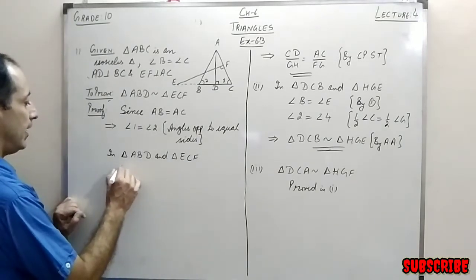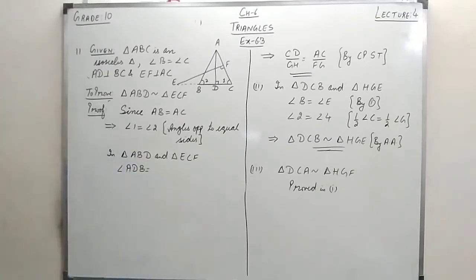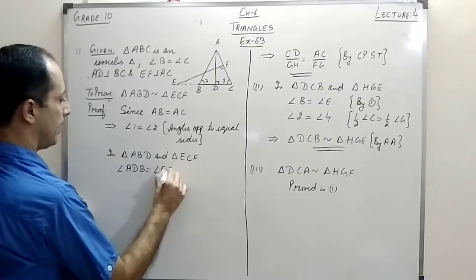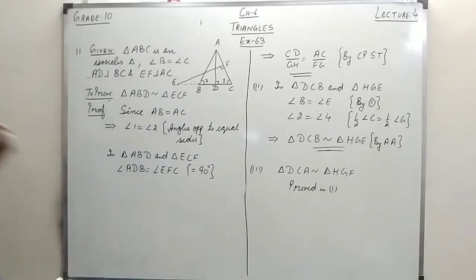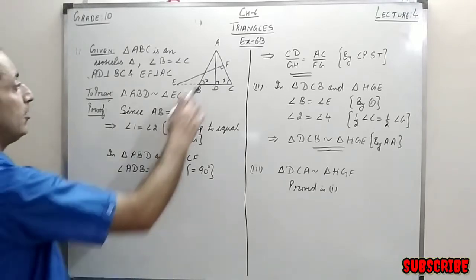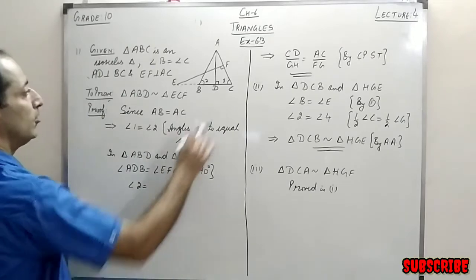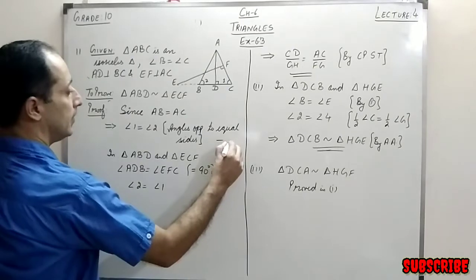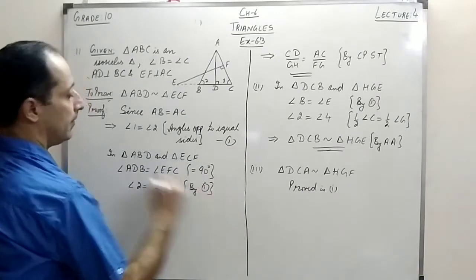So I write angle ADB is equal to angle EFC, and this is 90. Now if you see carefully, this angle 2 is inside ABD, so I write angle 2 is equal to, this angle 1 is in triangle EFC, so I write angle 2 is equal to angle 1, this is by 1.